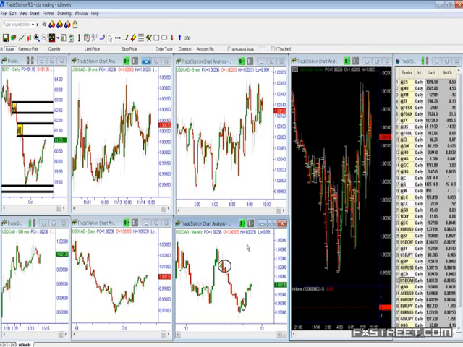So let's drill down and find some levels inside there. Notice I said areas of interest.